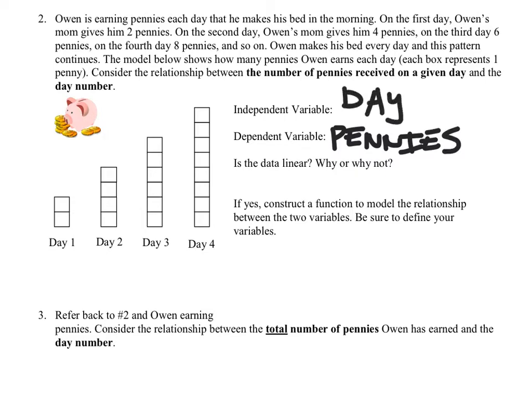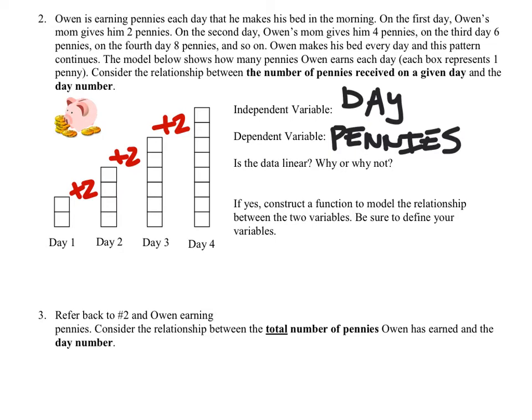And is this one linear? Well, we could graph it if we wanted to, but we can see that each day we're adding 2 pennies, adding 2 pennies, adding 2 pennies, which indicates that there is a constant rate of change. So this one is linear.